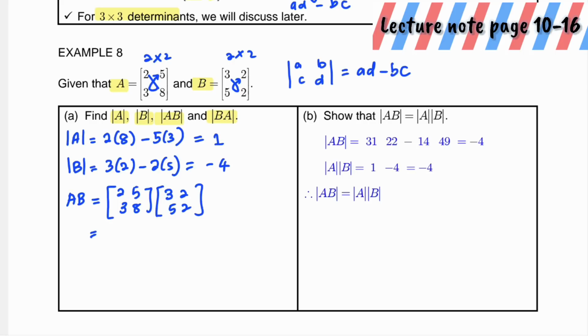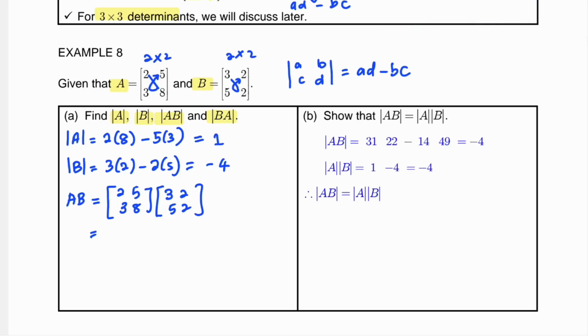Just follow the process of multiplying two matrices as what we have discussed before this. You will get the answer for the multiplication of these matrices as 31, 14, 49, and 22. And then we continue with finding its determinant.